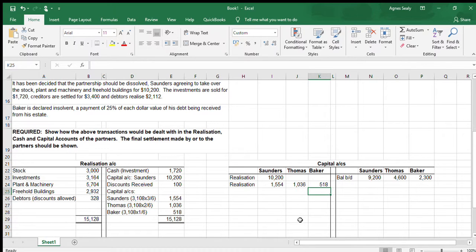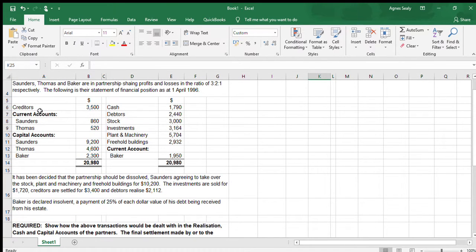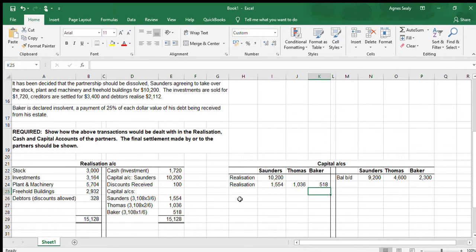So let's continue to look at our capital account. Looking at our capital account now, remember that our partners had balances on their current accounts, and we have to transfer these balances to their capital accounts. So Saunders and Thomas balances will be transferred to the credit side of the capital account, whereas Baker's balance will be transferred to the debit side of the capital account.